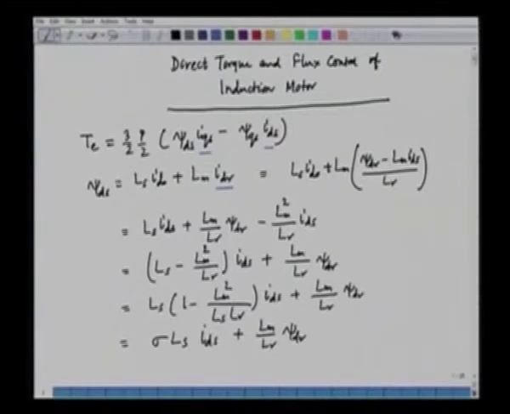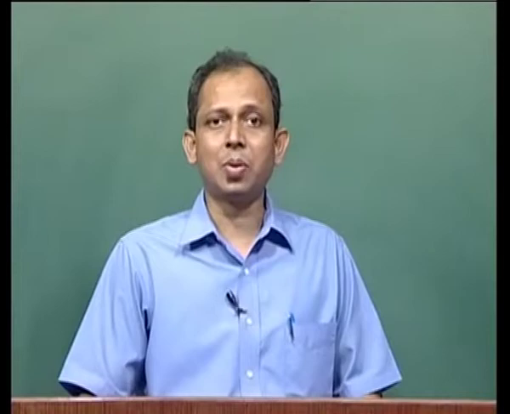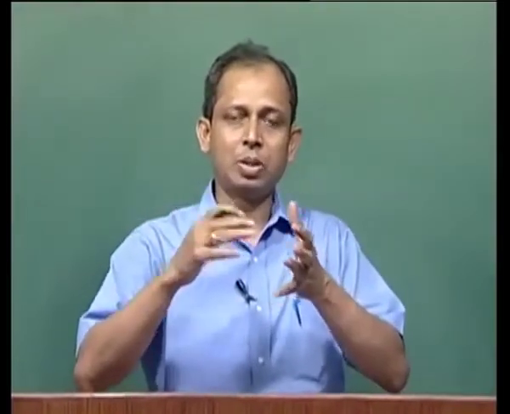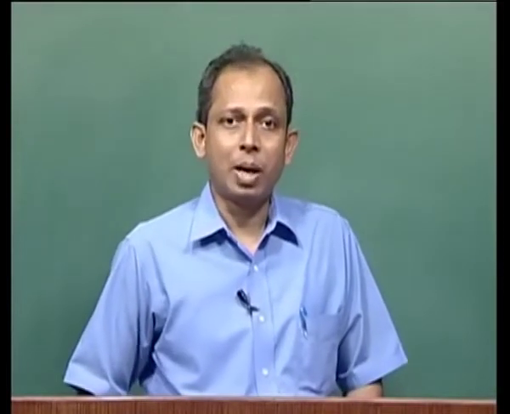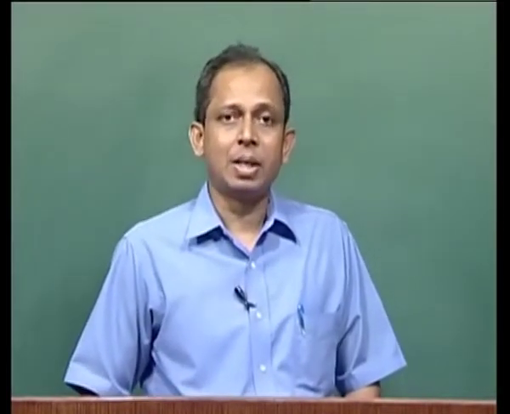So, we know that this sigma in this case is coming from the expression 1 minus Lm square by Ls Lr. Now, if in an induction machine, say for example, the leakage inductances are 0, the stator leakage inductance equal to the rotor leakage inductance equal to 0, it means the coupling is 100%. The coupling between the stator and the rotor, which is through the air gap, if suppose it is 100%, we can say that Lm square by Ls Lr equal to 1.